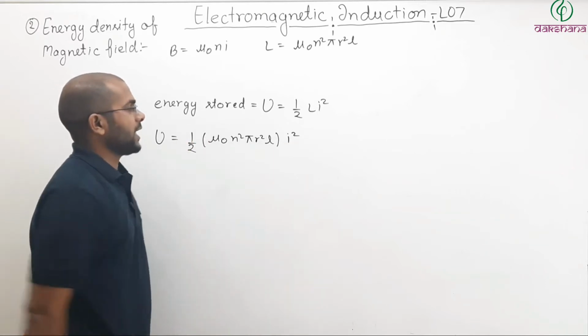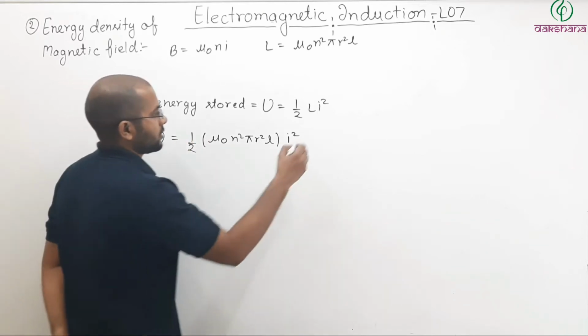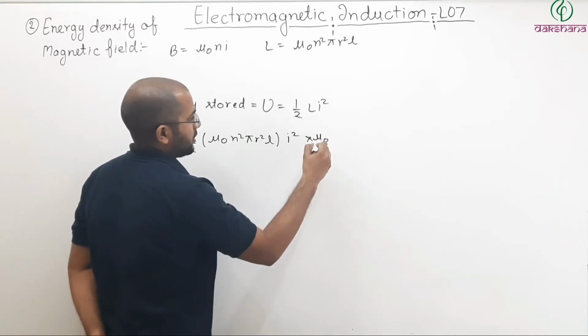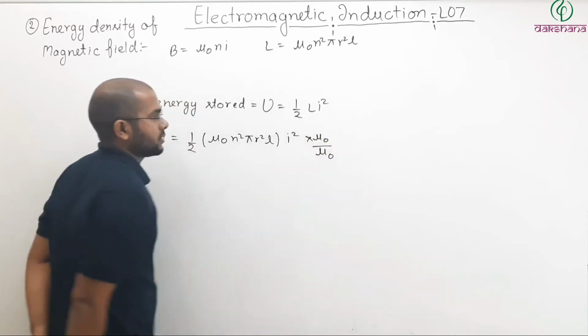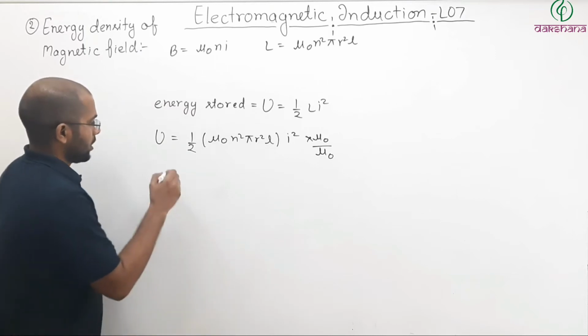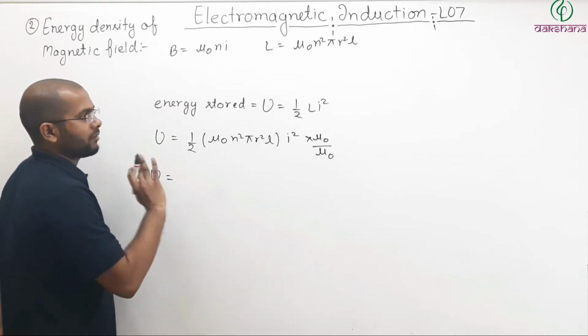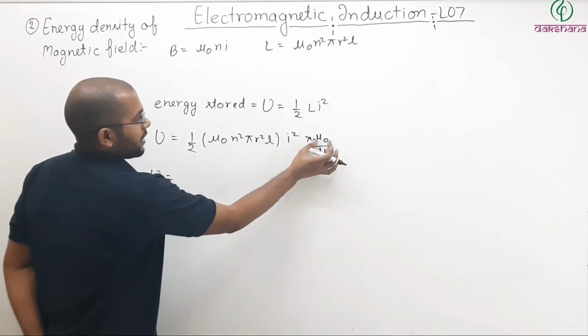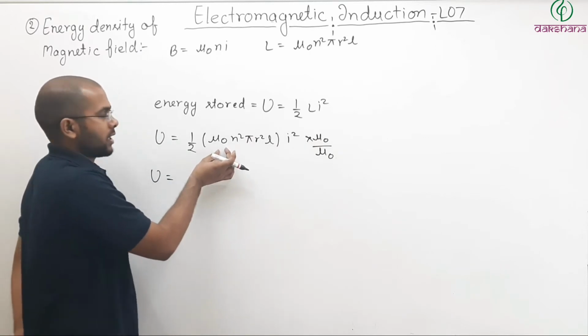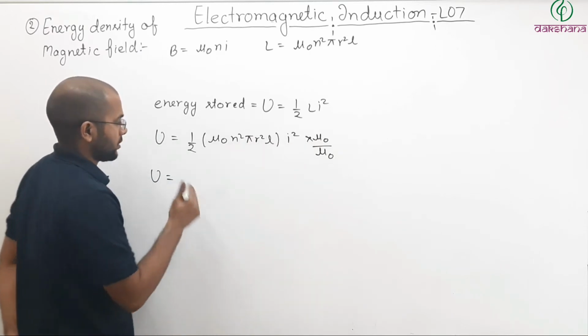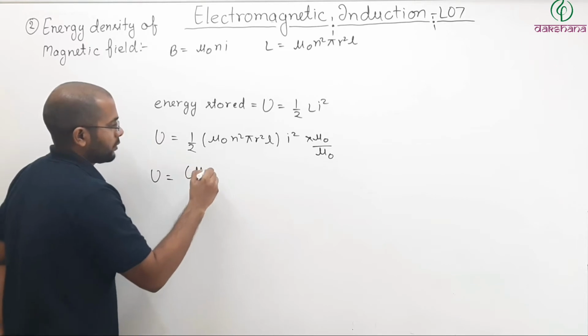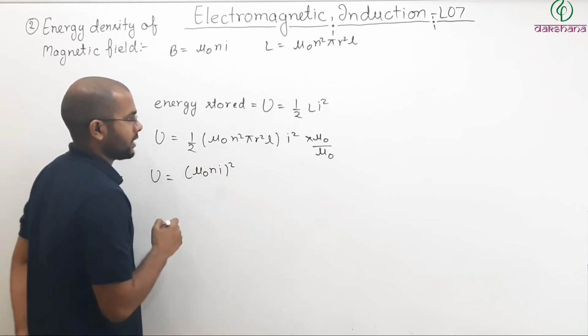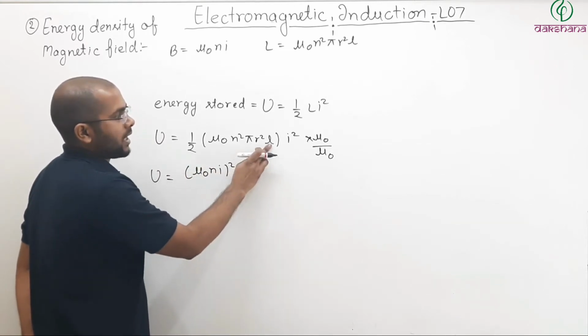Now if I multiply and divide by mu naught, no problem, one cancels. If I rearrange this, here I have mu naught square, here it is n square, here it is I square. So can I write it like this? Mu naught n I whole square times pi r square and l.